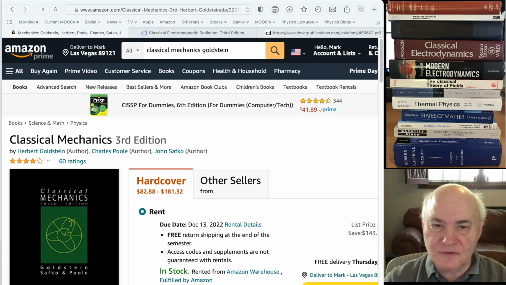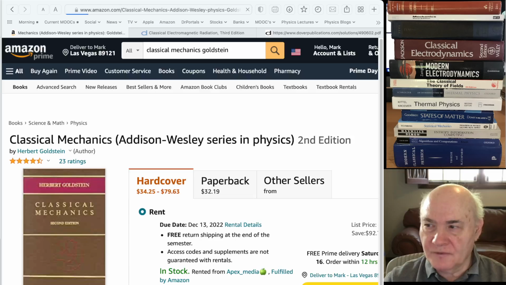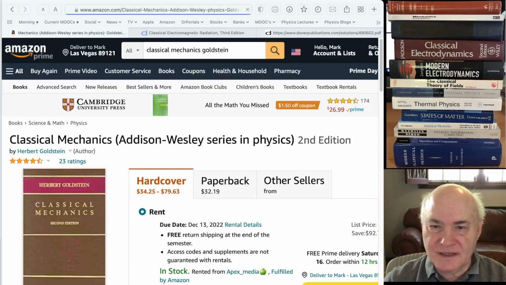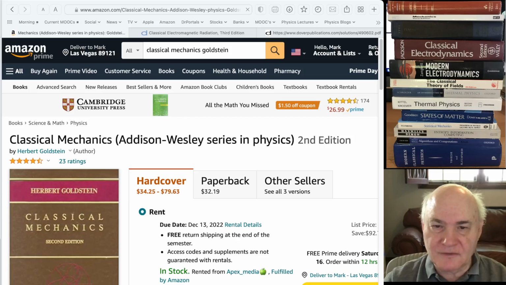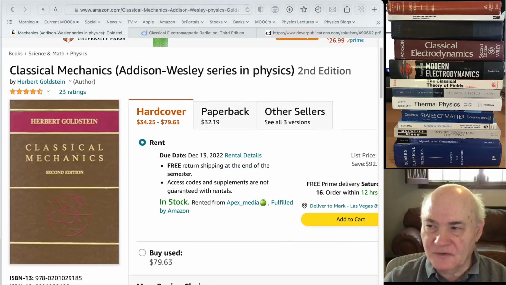So that's where I would start with classical mechanics. And there is, of course, this second edition of Classical Mechanics. I think the second edition is actually better than the third edition, so that might be something to consider.